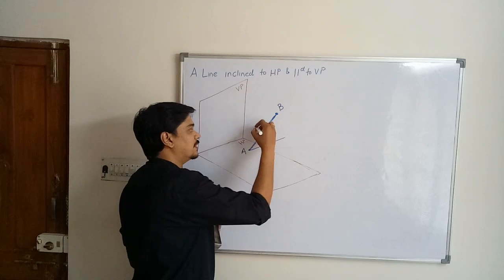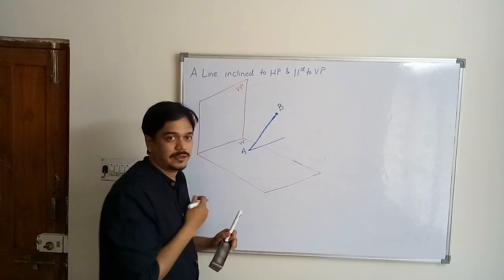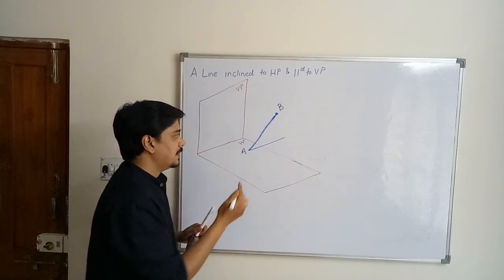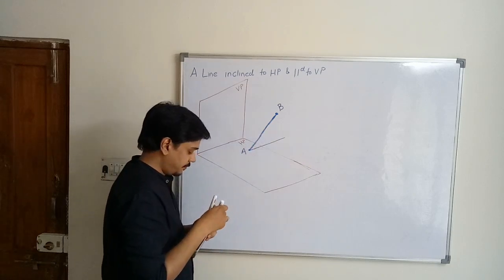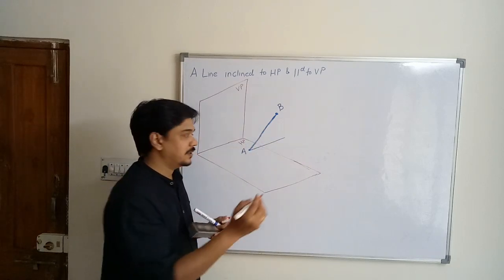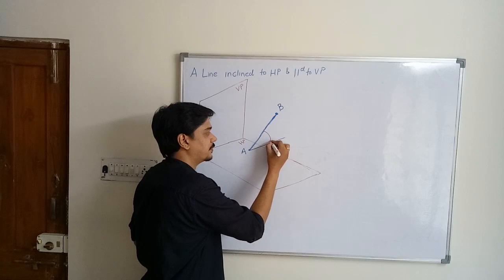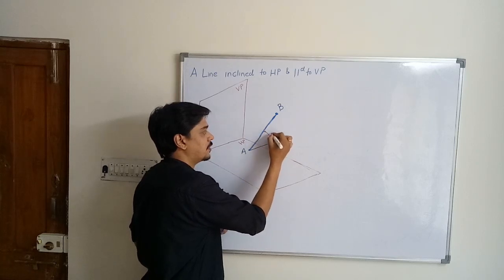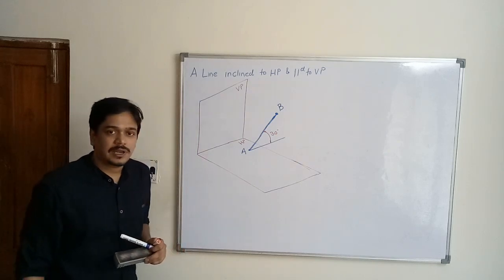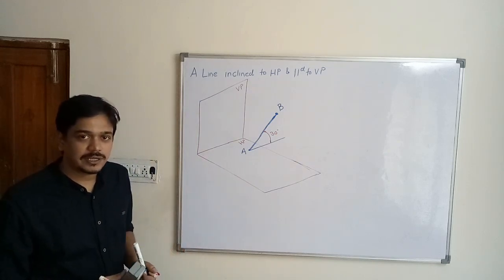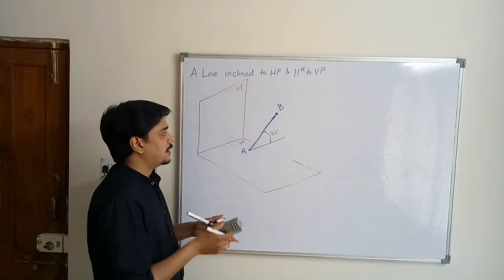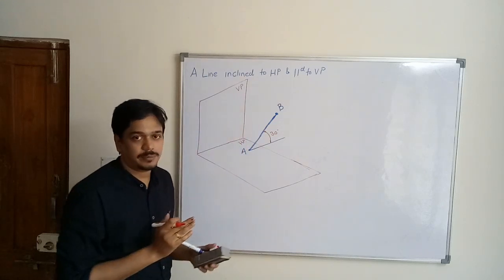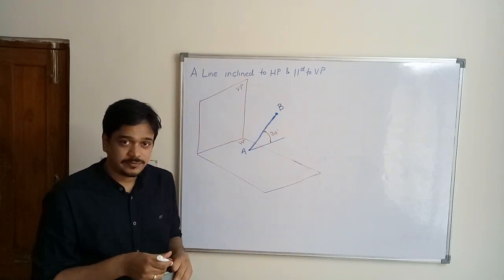Again the true length is 80 mm, a line of 80 mm length, which is inclined at, let us take this angle as 30 degrees. So the line is now inclined at 30 degrees to horizontal plane, and as you can see, it is parallel to vertical plane. So this is the case.